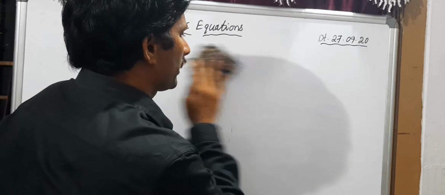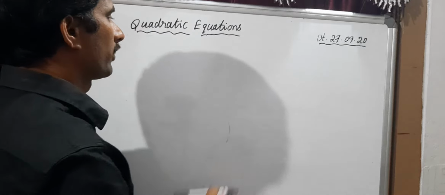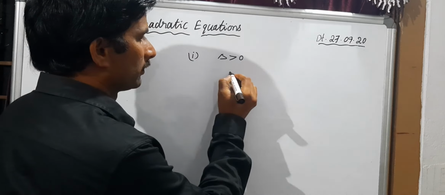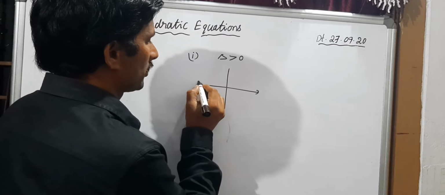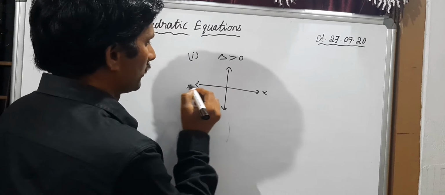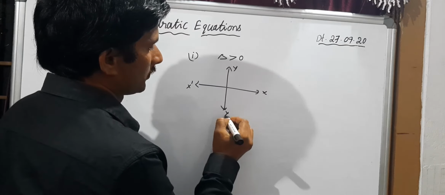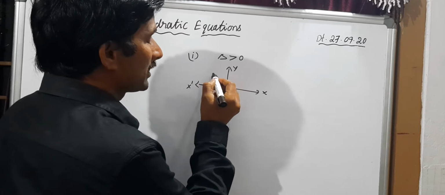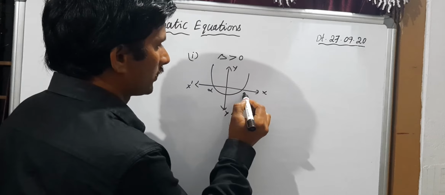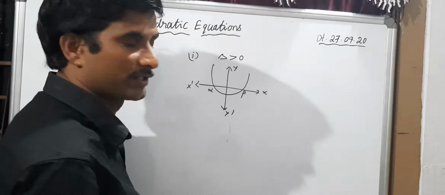Now, in the first case, whenever delta is greater than 0, we have two distinct real roots. The graphical representation is, if you take the x-axis and y-axis, the parabola intersects the x-axis at two different points, which are called the roots alpha and beta.